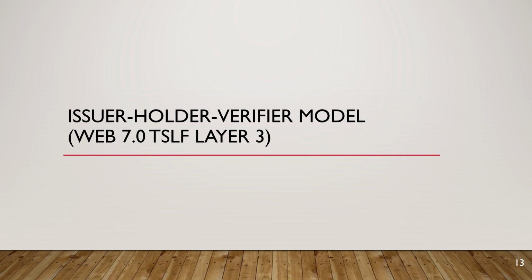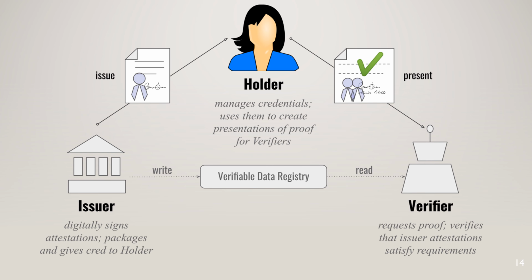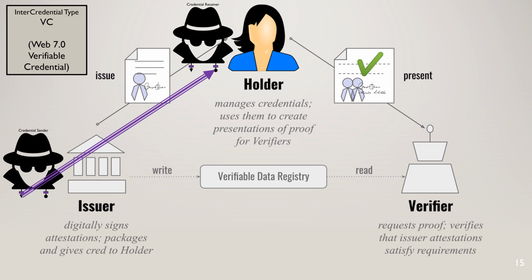Let's look at one more model, the issuer holder verifier model. People are familiar with it. So here's the issuer holder verifier model from the Wikipedia article by the same name. And let's see how the verifiable credential sender receiver model applies. On the left-hand side, an issuer is just a special instance, a derivation, if you will, of a credential sender.